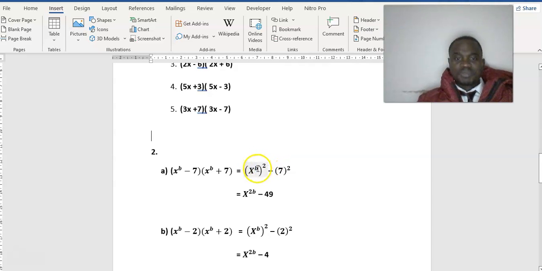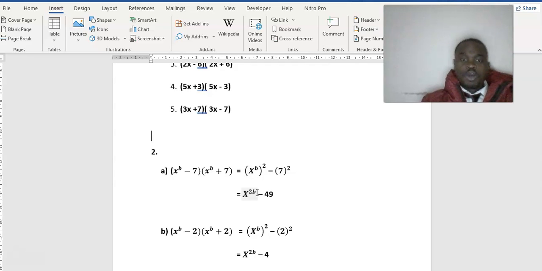So it's going to multiply the b. So we are going to get x^2b. Remember, when we started with algebra, we said the convention: you don't write b2, but you write what? 2b, 3b, 3a, etc. You don't write a3, a4, no. It's 4a. Then minus 7 squared. 7 squared is what? 49.